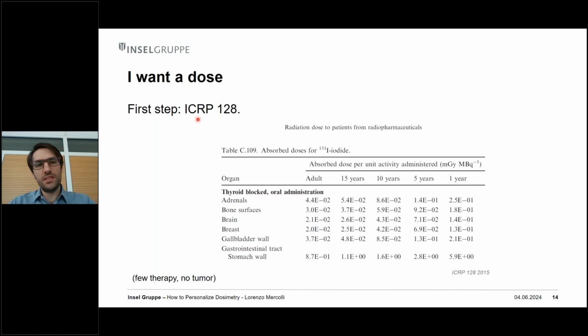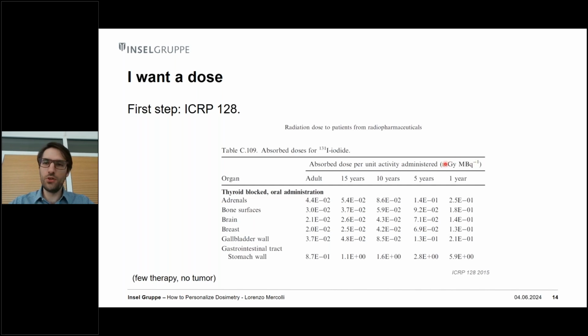So the ICRP, this is the International Commission for Radiological Protection, and they made a document with lots of tables, and these tables contain, this is the example for iodine, and they have all these numbers, and these numbers are a conversion factor that converts the administered activity to gray.